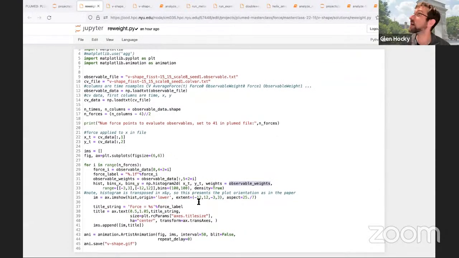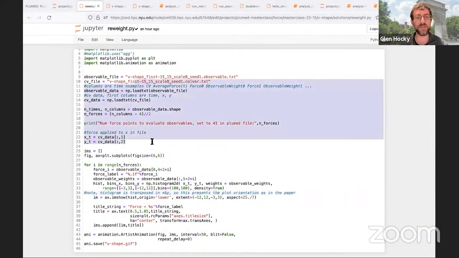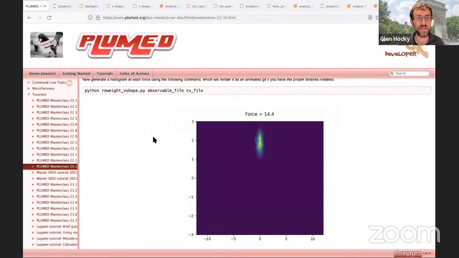When you then plot it, you have to remember various things about perhaps transposing and so forth, as it says here. That's what produces this animated GIF that I just showed. Hopefully this example helps you do reweighting from other sections, which is what I suggested.